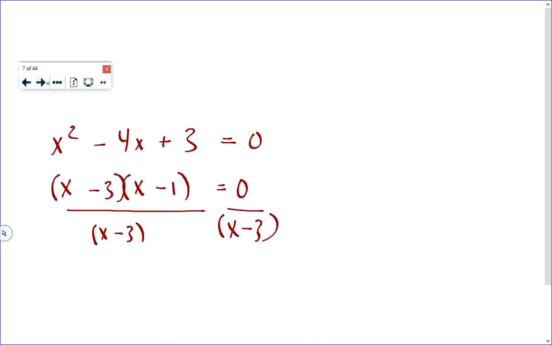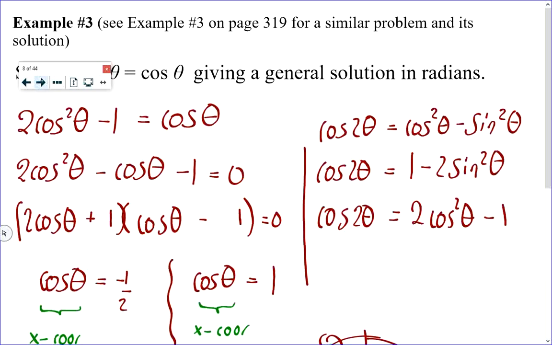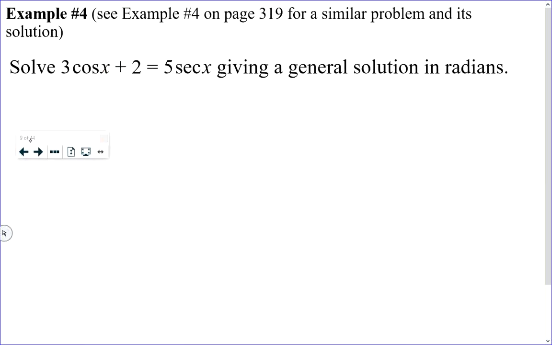So is there a path we can follow here to get it all the same type of trig ratio? The reciprocal identity. And we could change the cosine to 1 over secant, but I think that's asking for trouble. Let's change the secant to 1 over cosine.